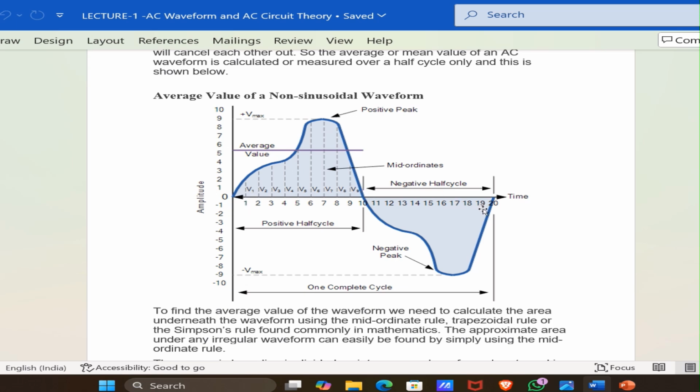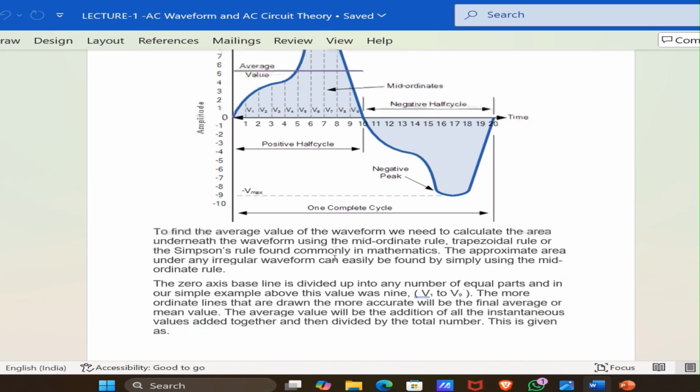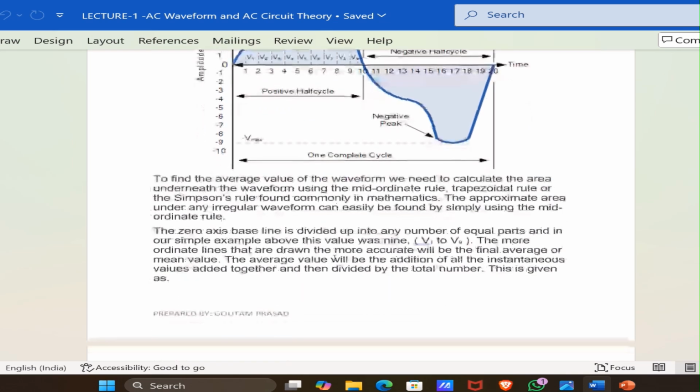Over the one cycle, if you take the average value, it is somewhere shown by the blue line or purple line, and this is the value. So Vmax is the maximum amplitude it is attaining.